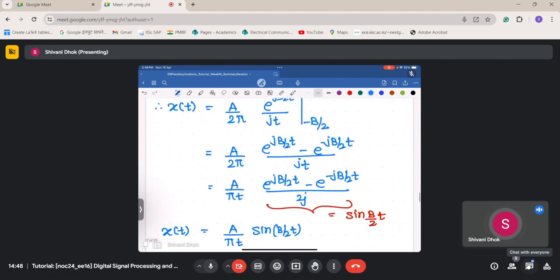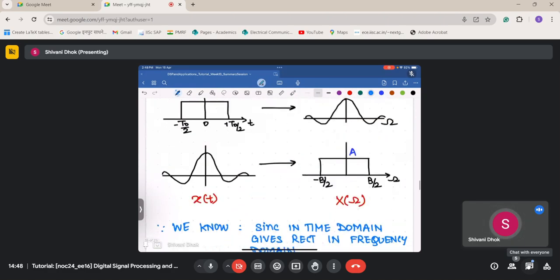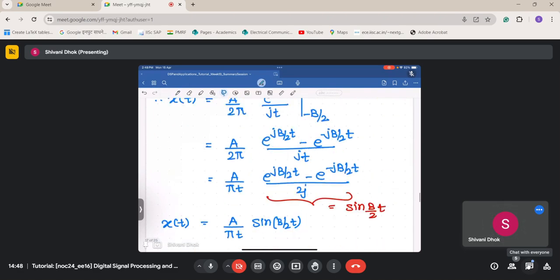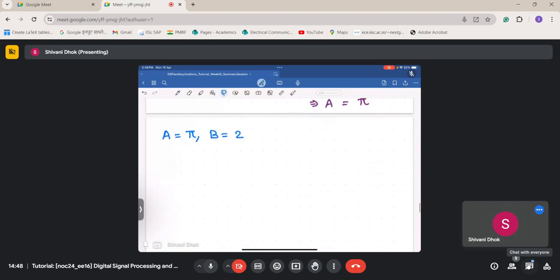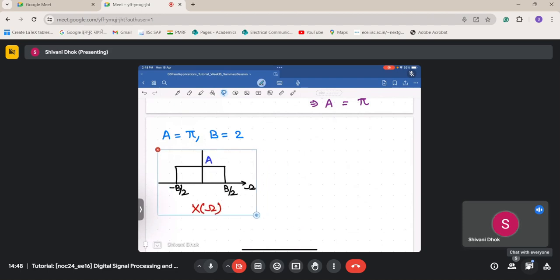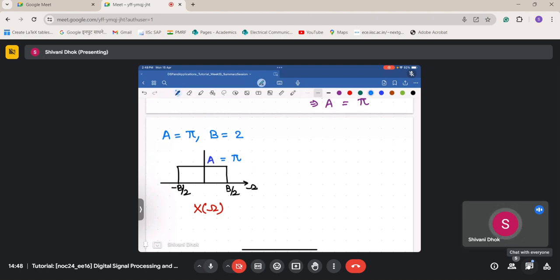So how does this look? This was our frequency domain, or x of omega thing. I'll just copy it. So this is what we had. This a we obtained as pi and this b we obtained as 2.